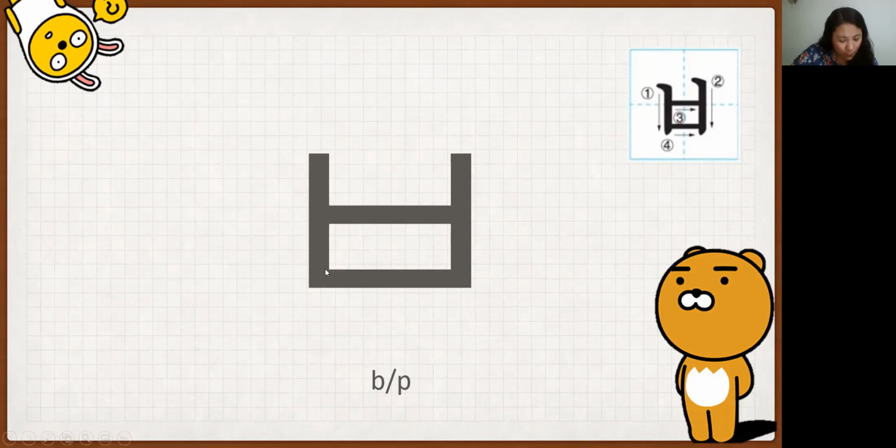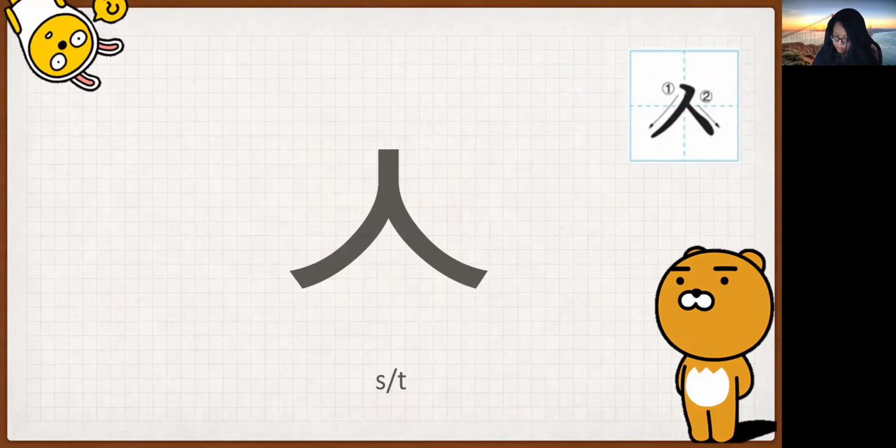Can you say the name of that one again, please? Yeah, this is piup. So piup makes the B sound initially and the P sound finally. All right, we'll move on to the next letter here.